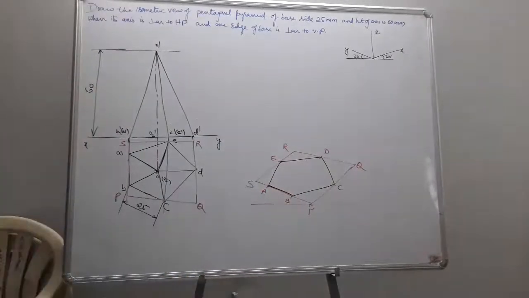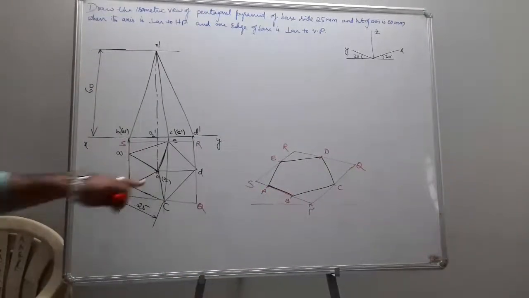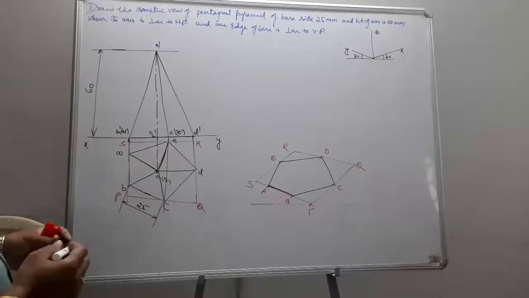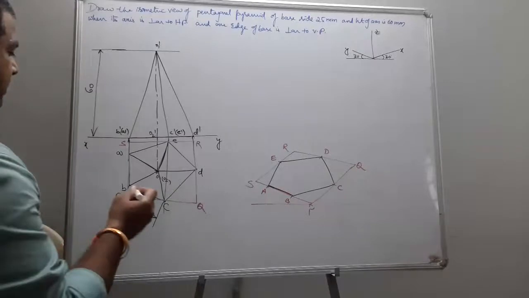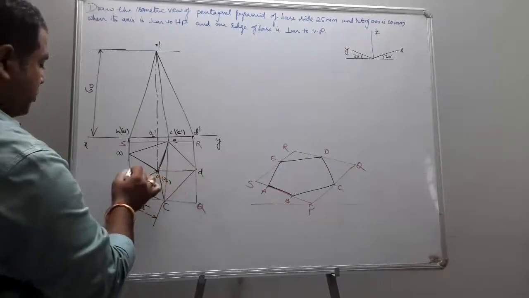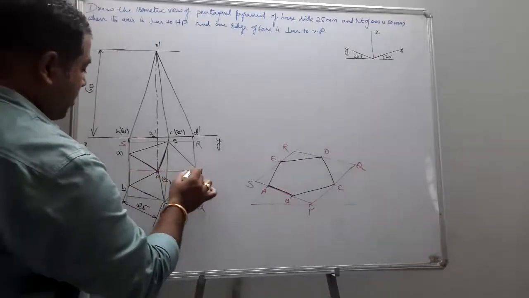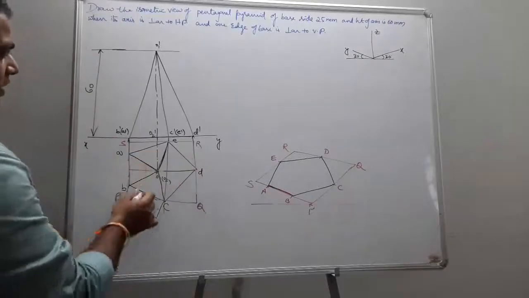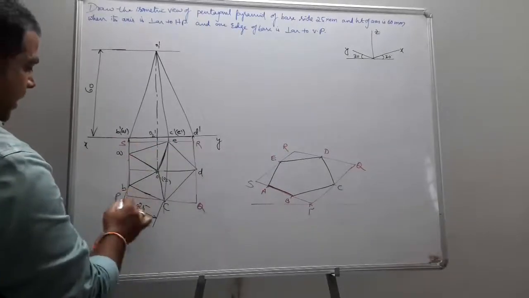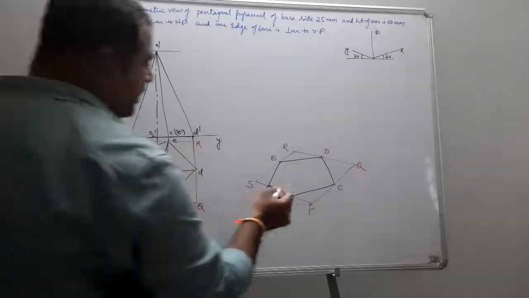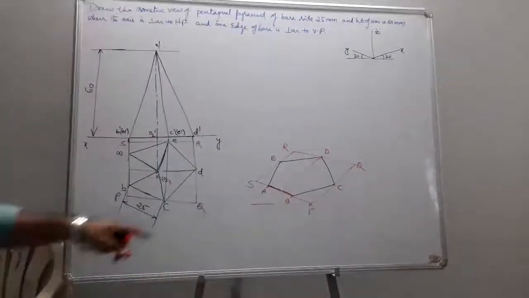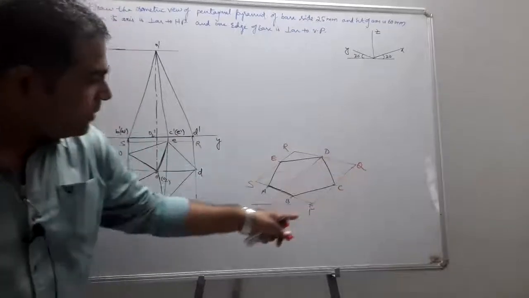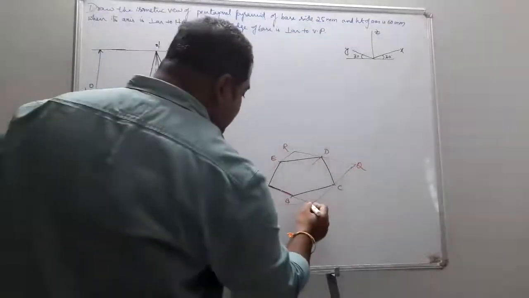Next, I just want to make my point O. So from D, I just draw a line. This OD is going to be the same line, which is horizontal, parallel to XY. That is parallel to SR and PQ. I just draw a line which is parallel to RS and PQ.